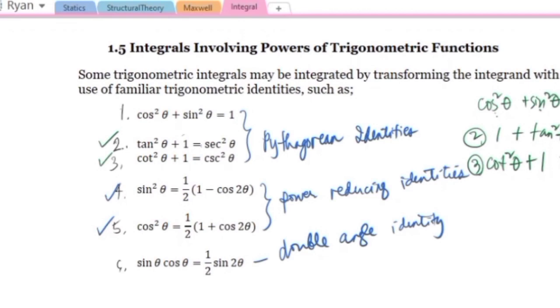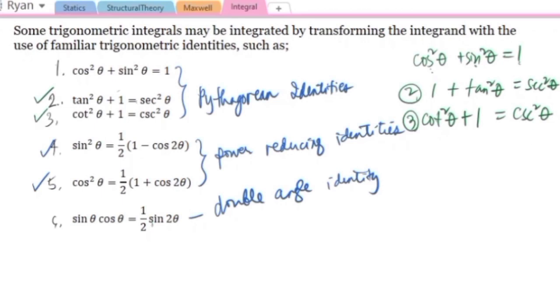Now, how about the formula number 6? Itong formula number 6 natin, mas familiar tayo sa ganitong mukha. So, we have sine 2 theta is equal to 2 sine theta cosine theta. So, bakit naging ganyan lang yan? Nag-divide lang siya ng 2 both sides, kaya nagkaroon ng 1/2 dito.